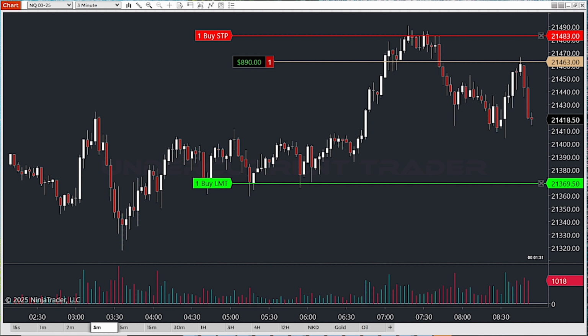This is further supported by the presence of these imbalance zones, particularly the one at the 470 level up here, which I do believe acts as a price magnet for market makers due to the significant liquidity it holds.